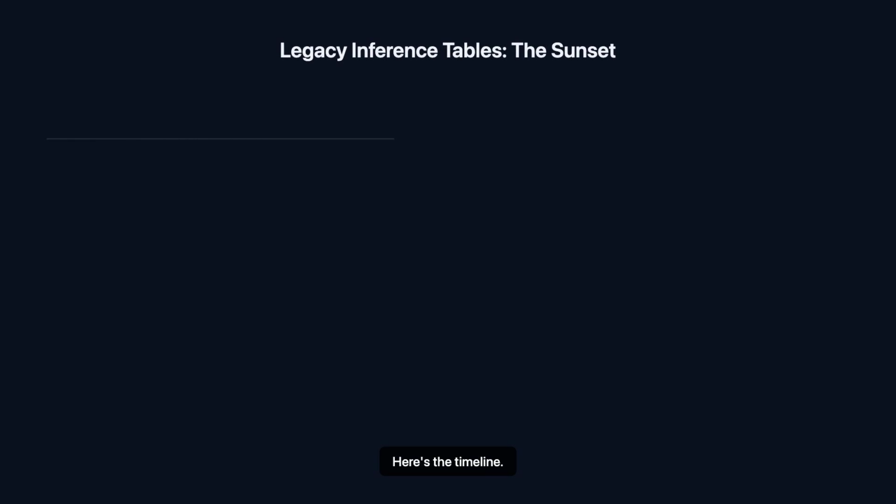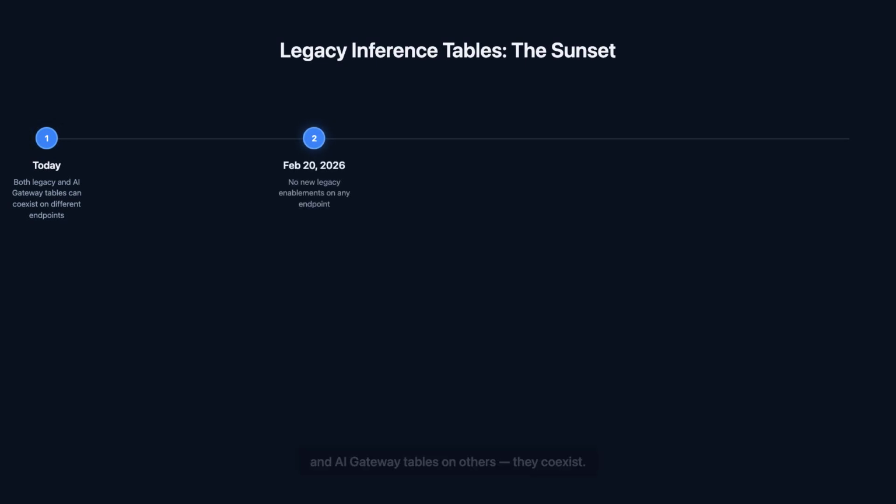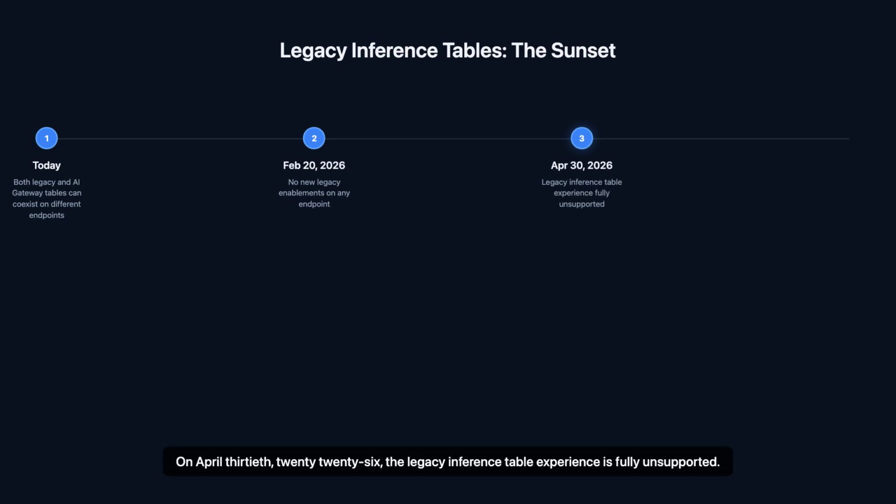Here's the timeline. Today, you can have legacy tables on some endpoints and AI gateway tables on others. They coexist. On February 20th, 2026, you can no longer enable the legacy experience on any new or existing endpoint. On April 30th, 2026, the legacy inference table experience is fully unsupported.